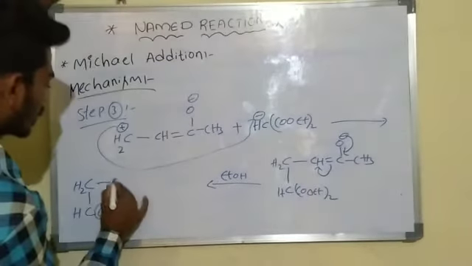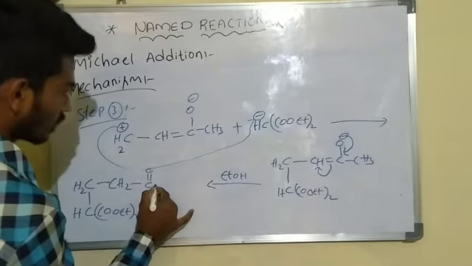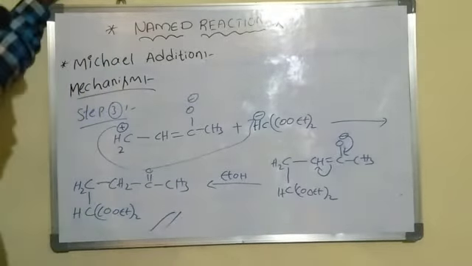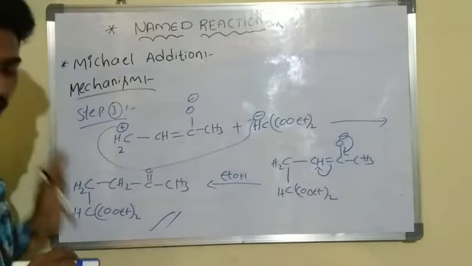Then our required addition product is formed. This is our required addition product. This is the mechanism of the Michael addition reaction.